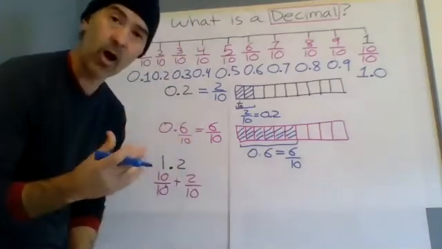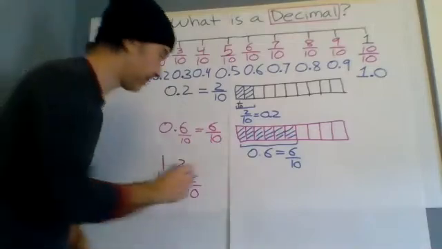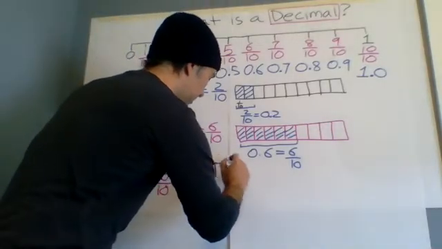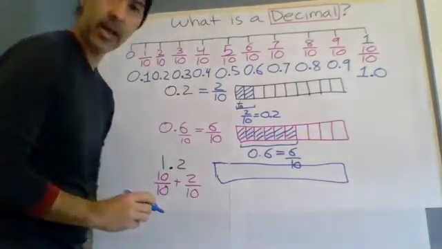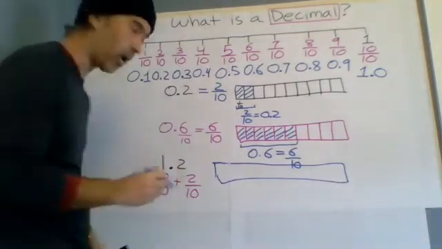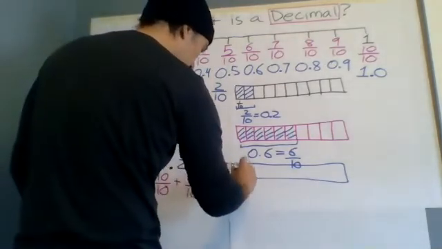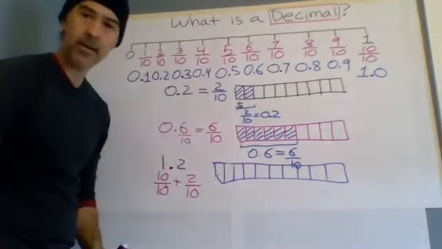So let's draw this one out. I'm going to first draw my whole. I'm going to draw my 10/10. How many equal parts does one whole have? 10 equal parts. Okay.